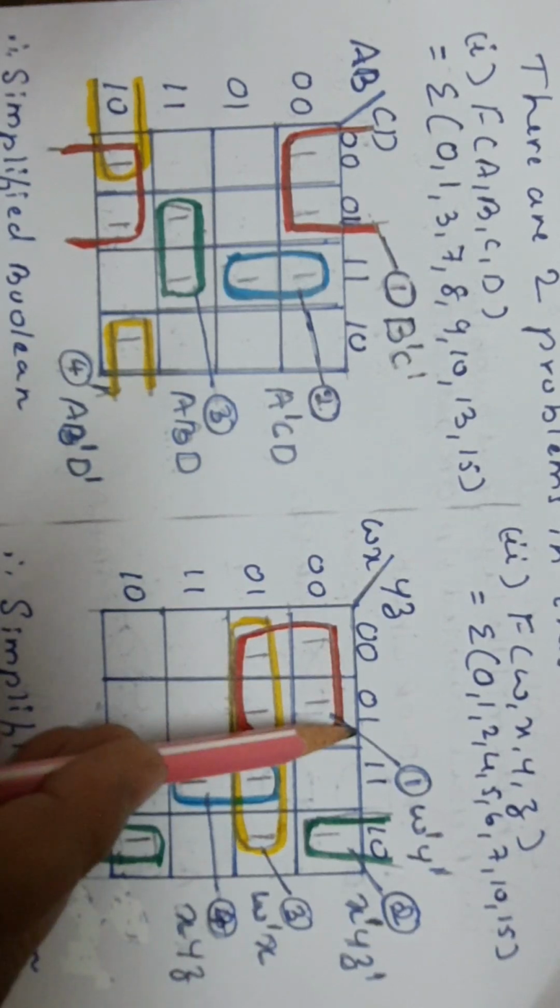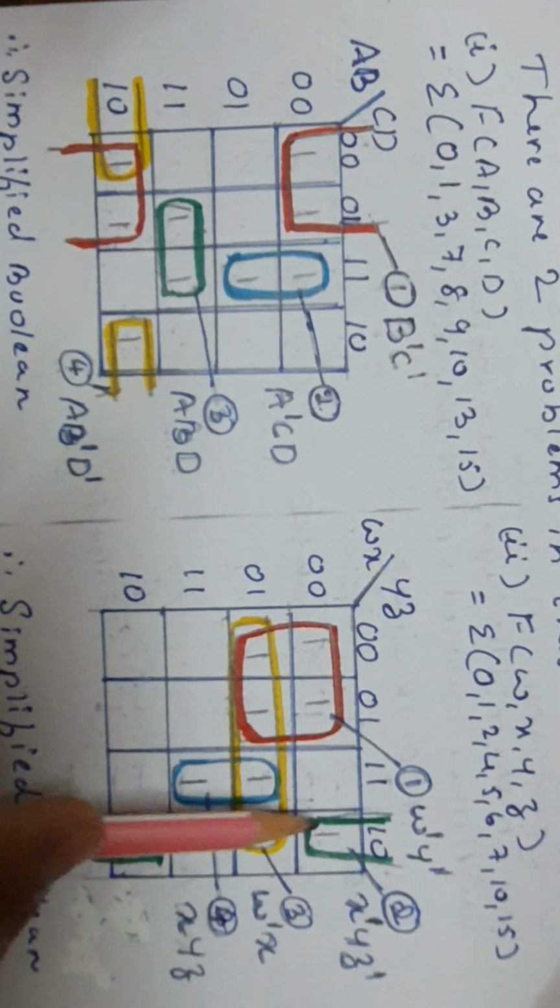So for the first group, these 4 members are covered in these 2 rows, 0, 0, 0, 1. This first 0 corresponds to W, hence W dash is common. Then these 4 members are covered in these 2 columns, 0, 0, 0, 1. This first 0 corresponds to Y, that is common, hence Y dash. So W dash Y dash for the first group we have written.